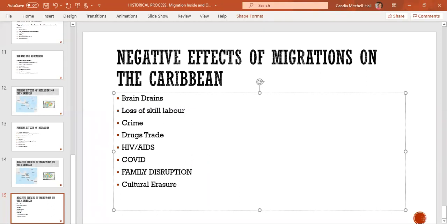Isn't that just assimilation? But part of assimilation is that your culture is being erased. We're going to look at cultural erasure, retention, and renewal in a few weeks' time.